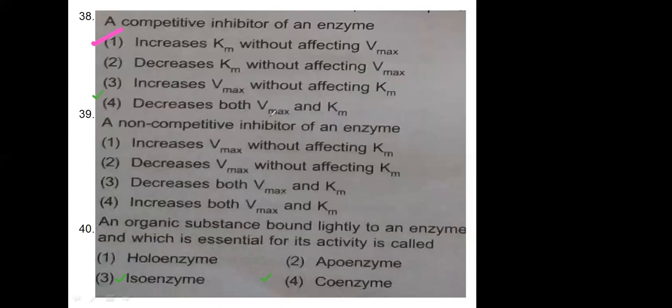A non-competitive inhibitor of an enzyme decreases the Vmax without affecting the Michaelis-Menten constant. An organic substance bound tightly to an enzyme, which is essential for its activity, is called a coenzyme.